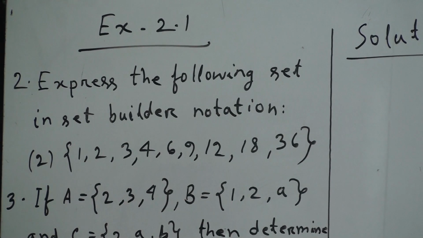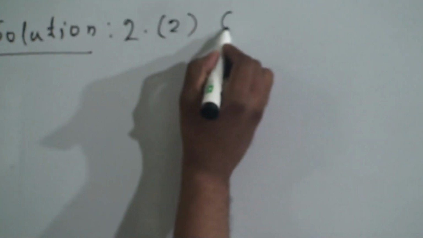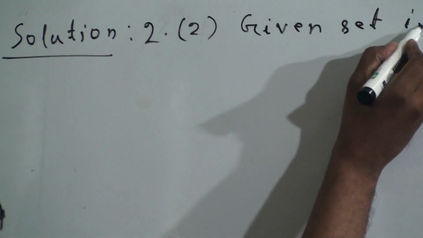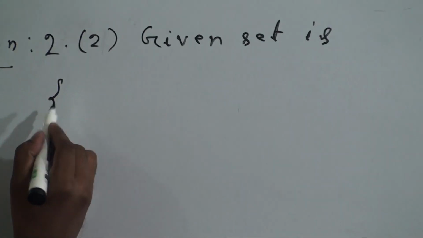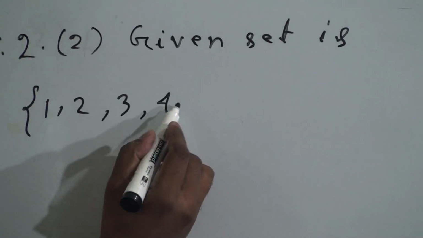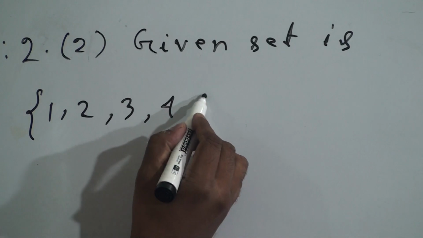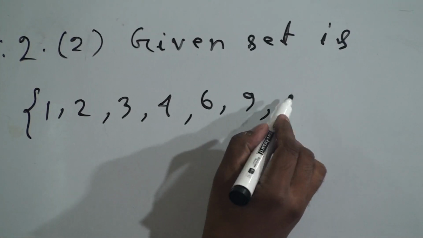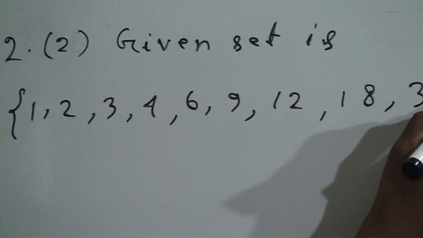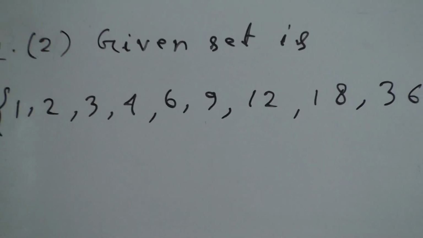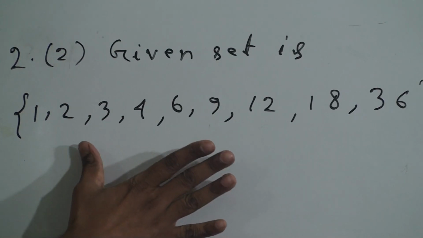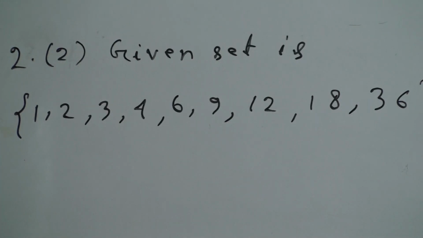At first, we'll write the given set: 1, 2, 3, 4, 6, 9, 12, 18 and 36.